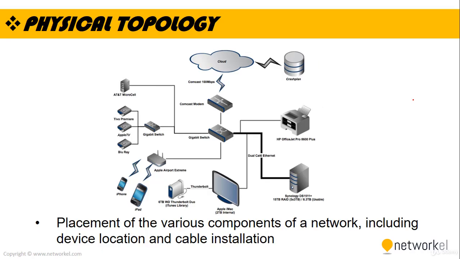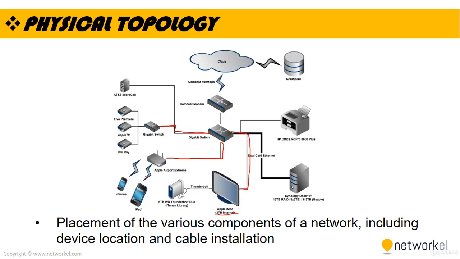Here we are seeing a physical topology. Physical topology is the placement of the various components of a network, including device location and the cable installation. Here we can see a physical topology, and what we are seeing is just the cable connections and names and symbols of the devices. For example, we have an Apple iMac connected to a gigabit switch.